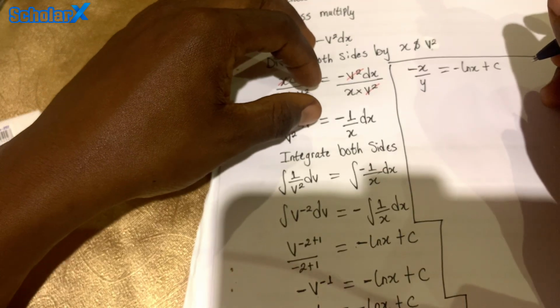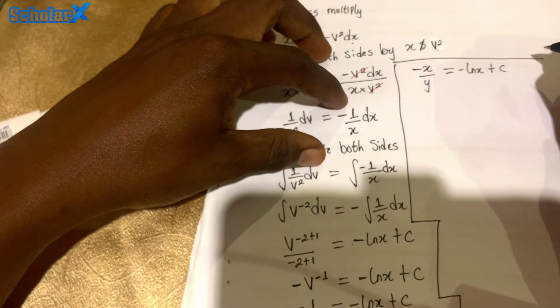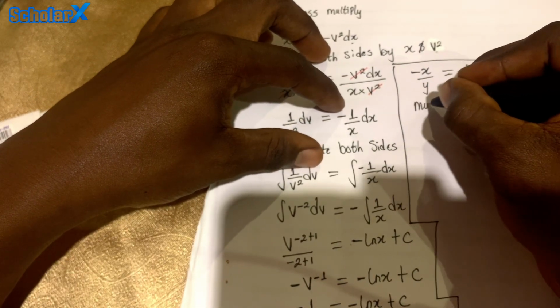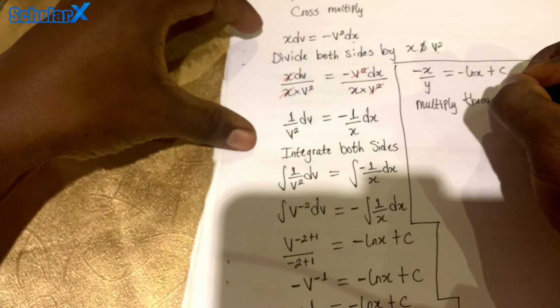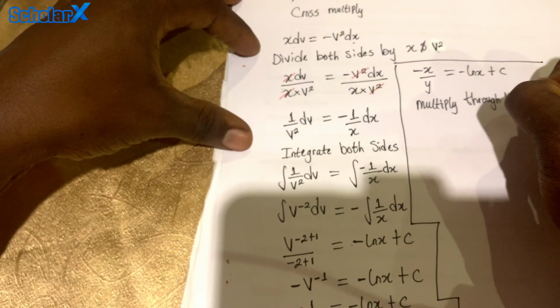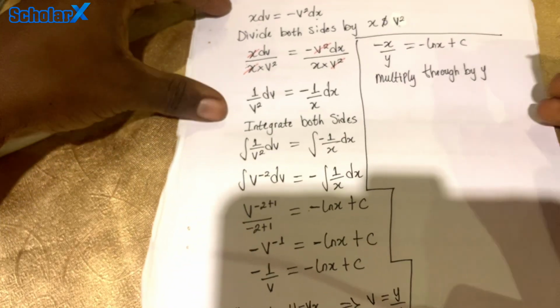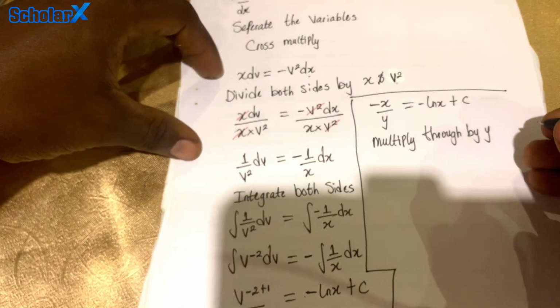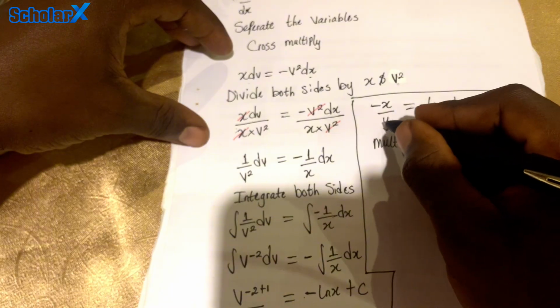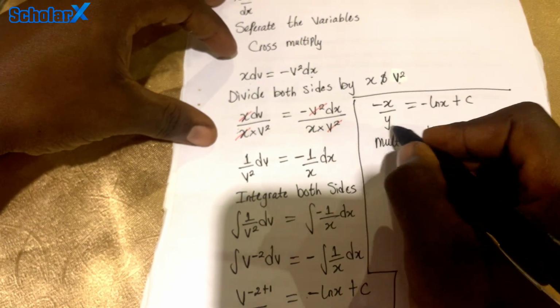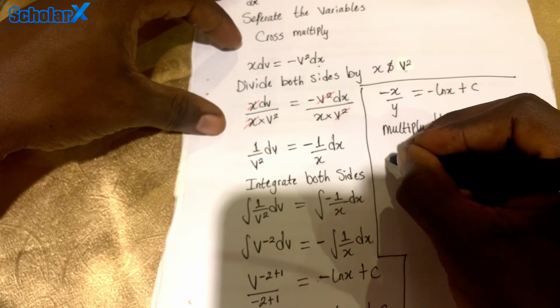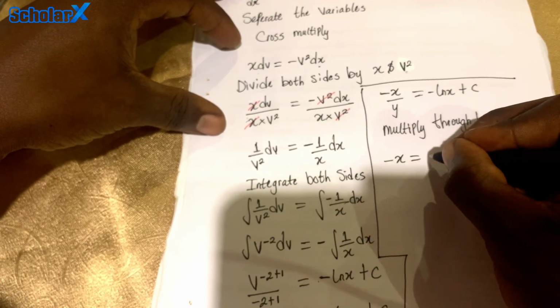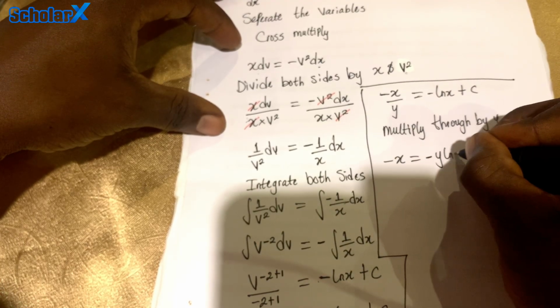Now we can multiply through by y. Why are we multiplying through by y? So that this y moves out from the main denominator here. So when multiplied through by y, it becomes minus x is equal to minus y ln x plus c.